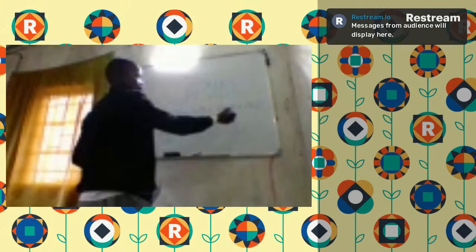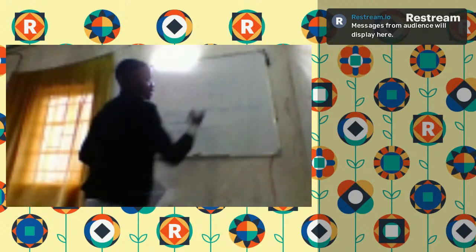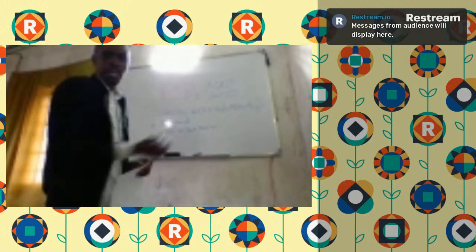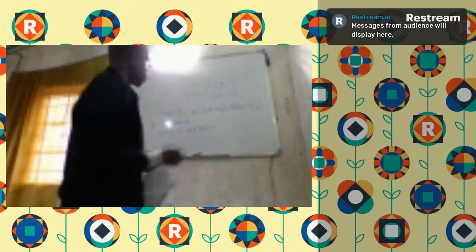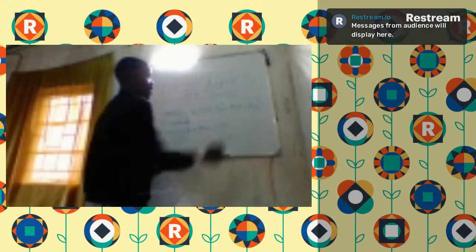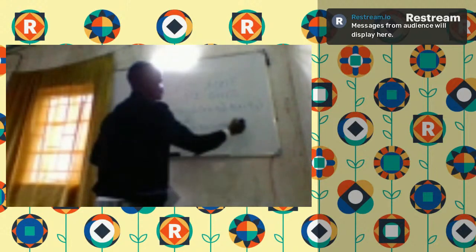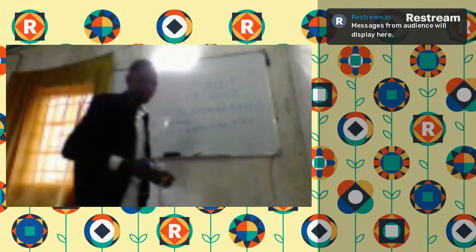The first thing that we are going to do here is expand this term and this other term. We are going to multiply this 4 with everything that is in the bracket.